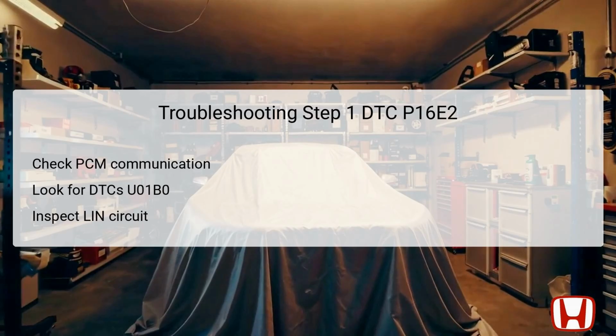Next, inspect the LIN circuit for any visible damage, disconnections, or corrosion that may interrupt proper signaling. Conducting these checks will help establish whether the problem lies within the PCM's communications or further along the system, allowing for a more targeted inspection moving forward.